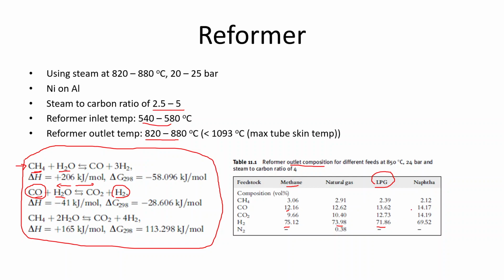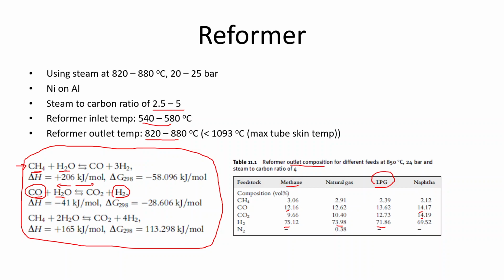And then if you use naphtha, obviously naphtha is heavier than LPG. So we have a lot more C in that stream, so we create a lot more C in the outlet, so we then get CO and then CO2.